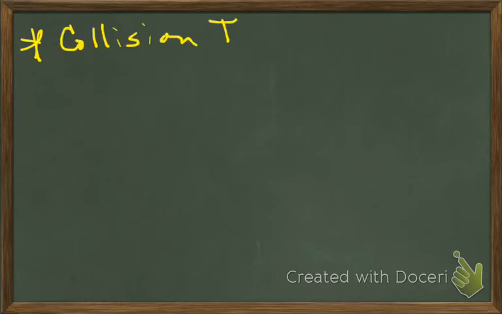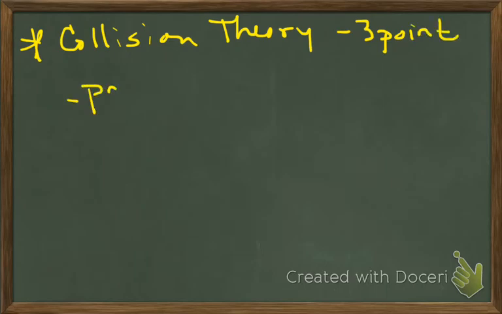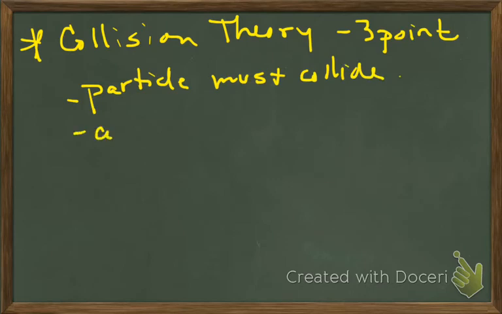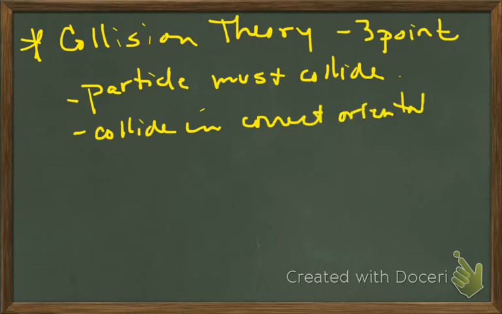Reaction kinetics are really determined by collision theory. Remember, there are 3 important points in the collision theory, and they are: particles must collide, they have to collide in the right orientation, and they have to collide with enough energy.